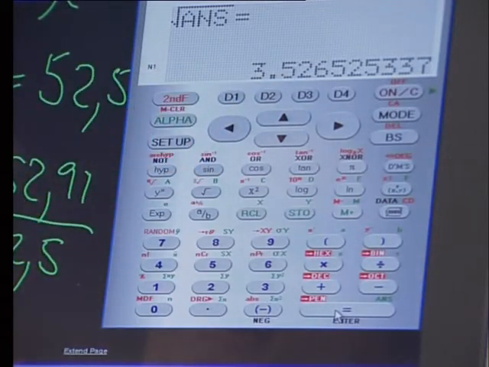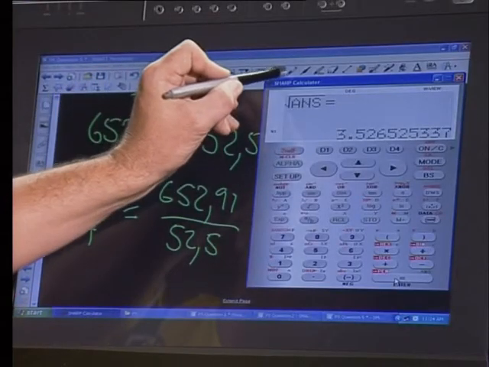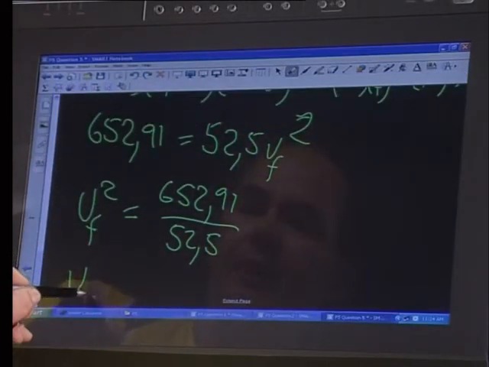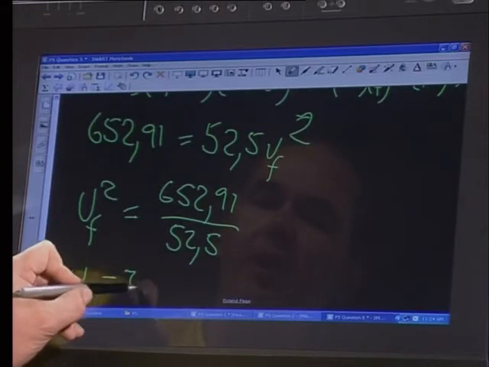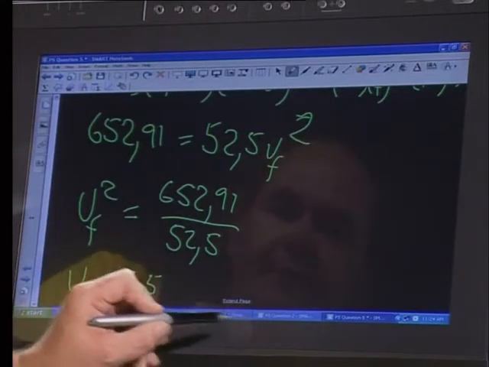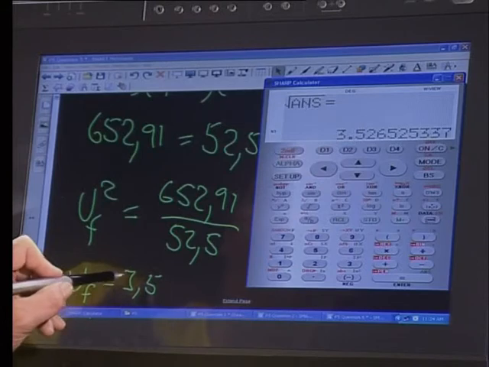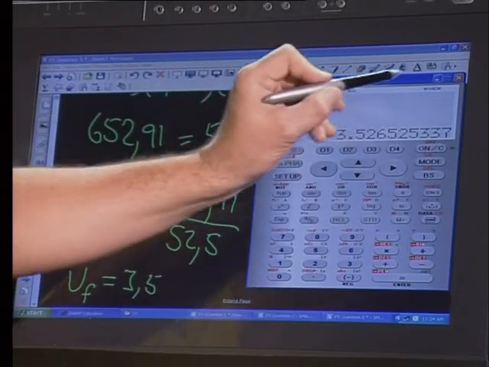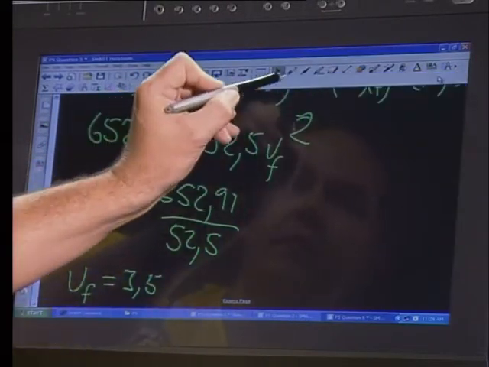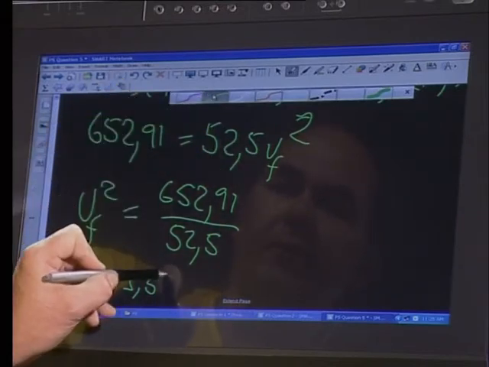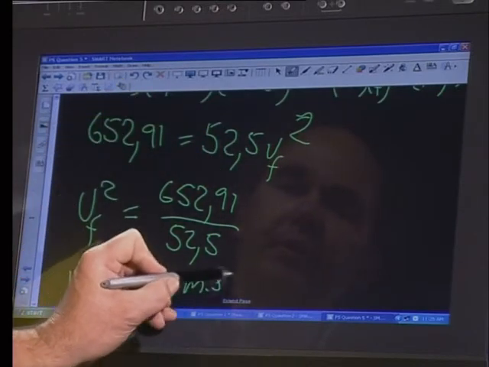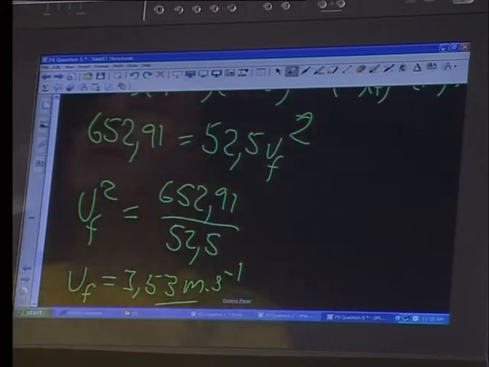So the final velocity at the bottom of the slope, check it, is 3,53 meters per second. Okay, well, that was quite a marathon to get that one out.